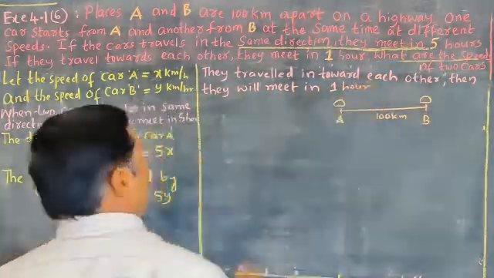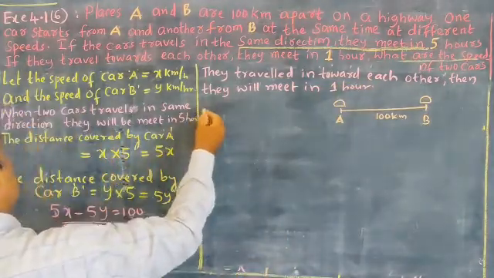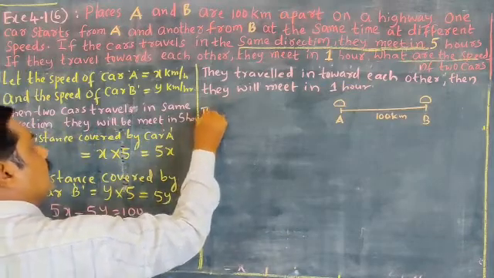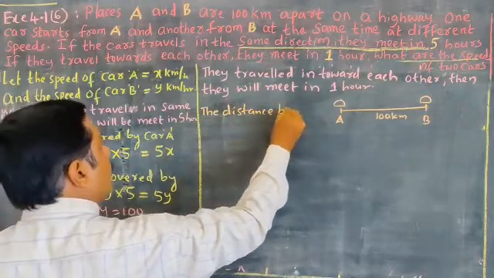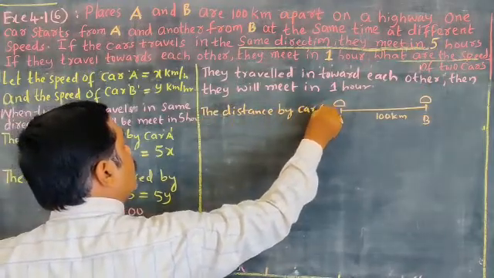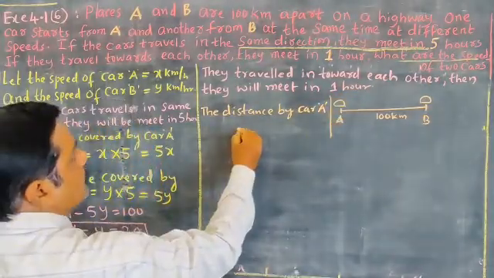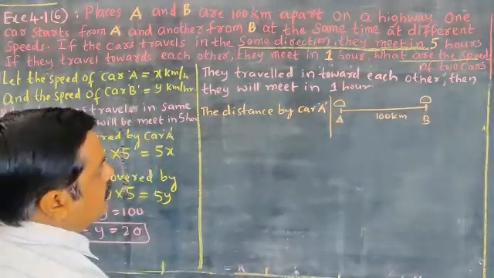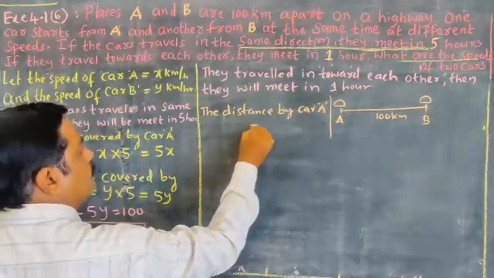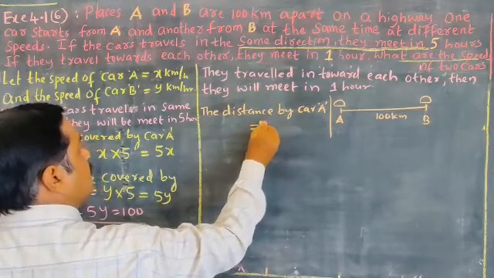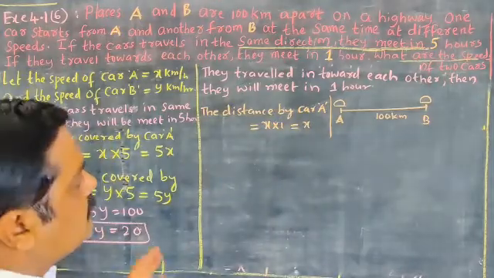Is it okay? Right. In 1 hour, the distance covered by car A: car A covered how much distance? Same, time taken is 1 hour and its speed is x kilometers per hour. So distance is equal to speed into time. That's why we get 1 into x, x into 1, we get 1x. So x kilometers is the distance traveled.